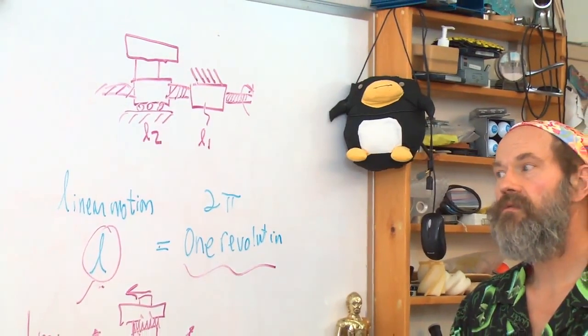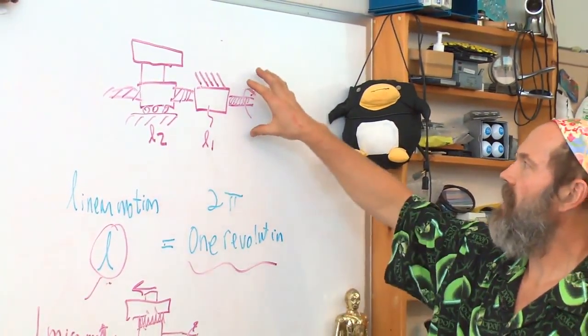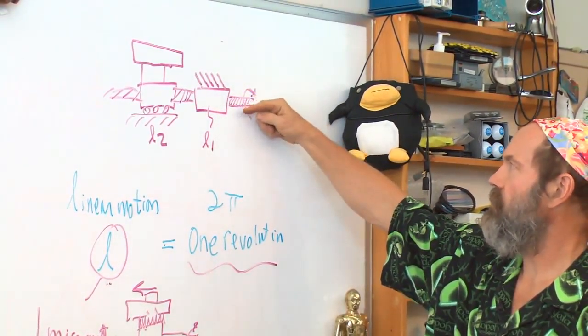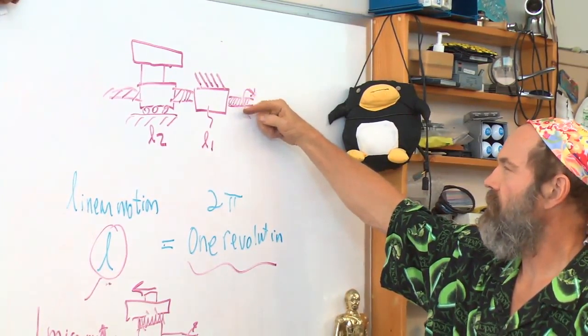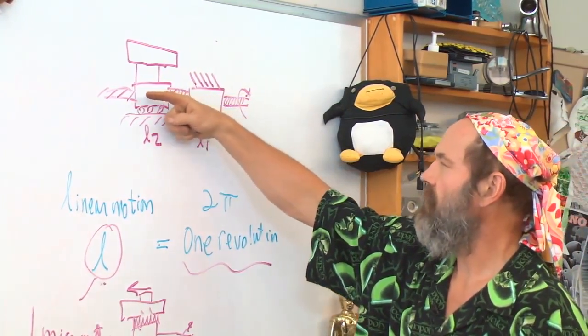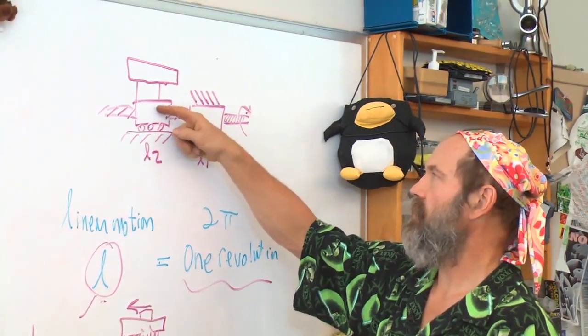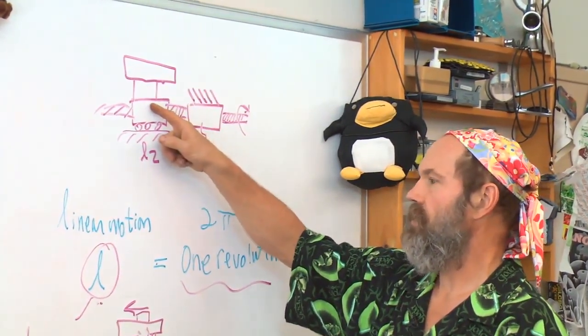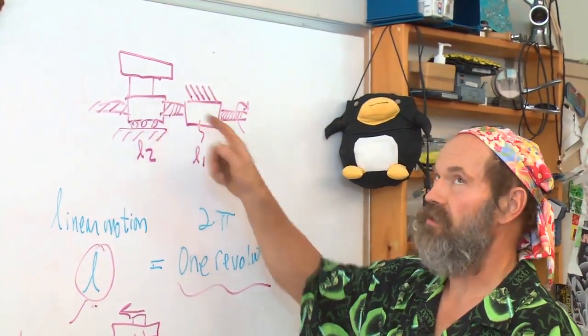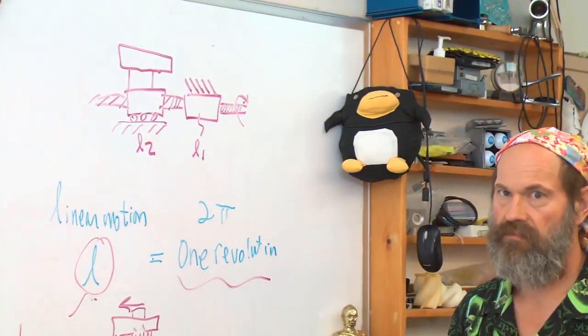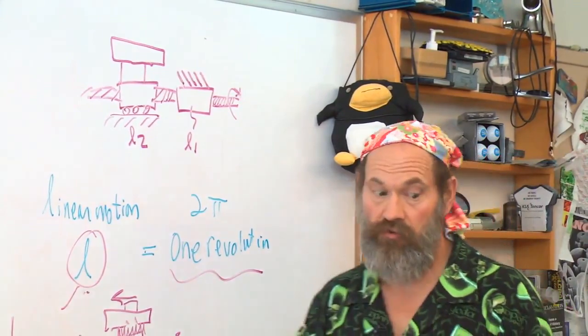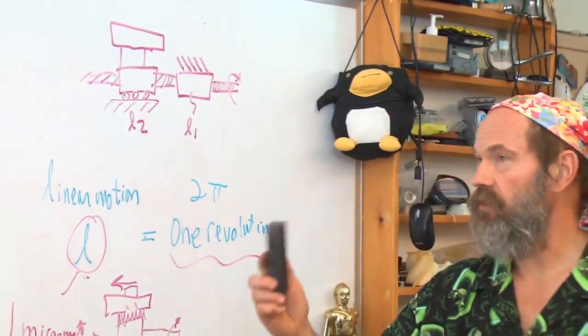Can you guess? Can I make it such that as I rotate this screw, the screw is advancing and pushing this nut, but the screw is also turning in this nut, where this nut then unadvances itself? And indeed, you can do that. That's called a differential screw.